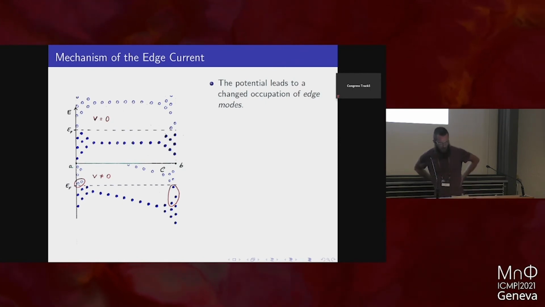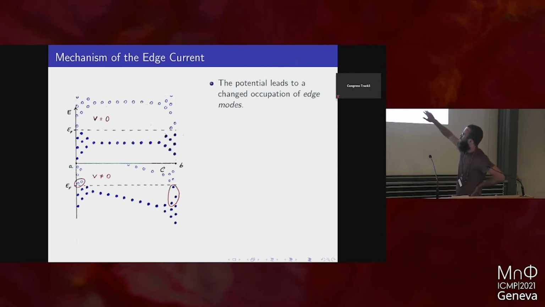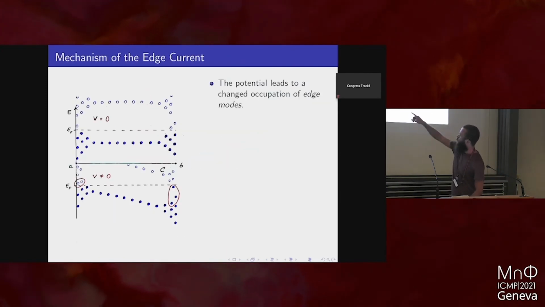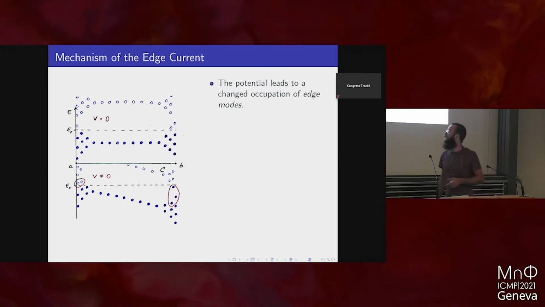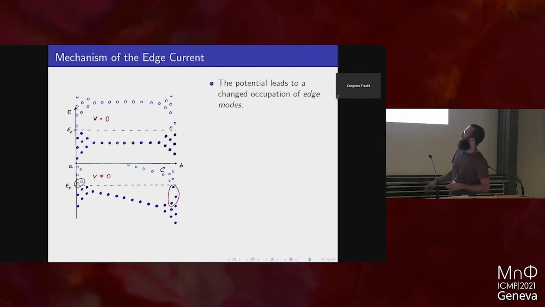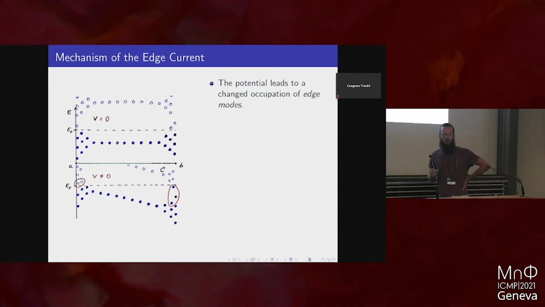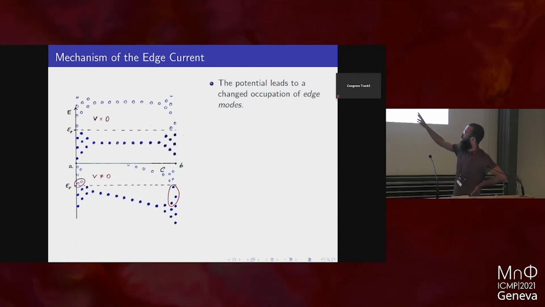To do that, what I have drawn here is, the horizontal axis is this curve C from before, and the dots are electron states that approximately have an energy given by the vertical scale and are also approximately localized along the curve as shown in the picture. If there is no external potential in the top of the picture, then all the states up to a certain Fermi energy are filled, and that is the situation without the perturbing potential, and also no currents flowing in the bulk.